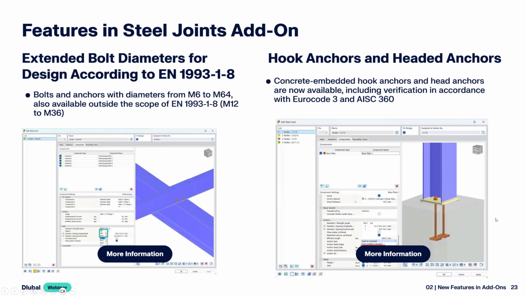Then there are also more than the often used diameters available now, from M6 to M64, not only from M12 to M36. Then you also have the hook anchors and headed anchors. Those are headed anchors in the image here, but also hook anchors are available.